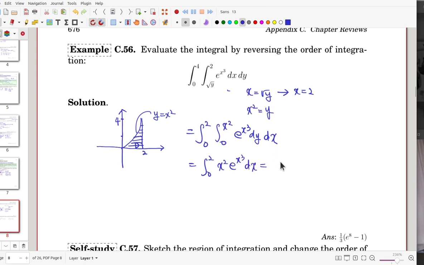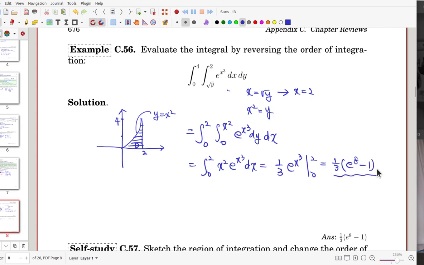Okay, now we can get the antiderivative, which must be 1/3 of e to the x cubed, right? And we are evaluating from 0 to 2. So 1/3 is there, x is 2, then that is e to the 8, x is 0, then e to the 0, which is 1.